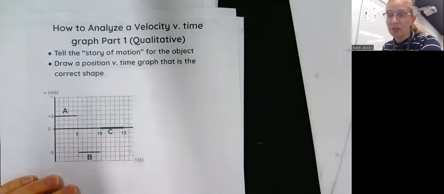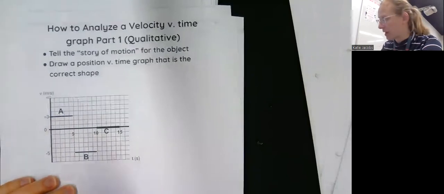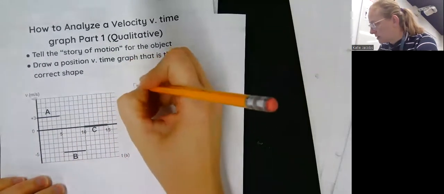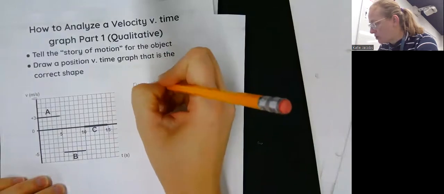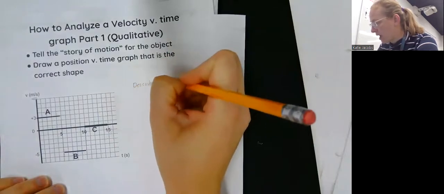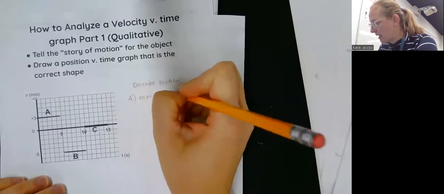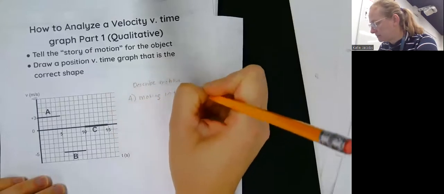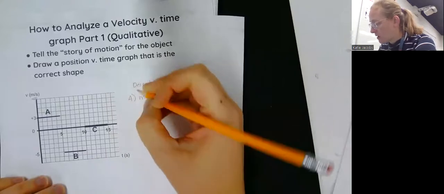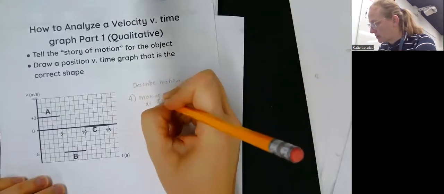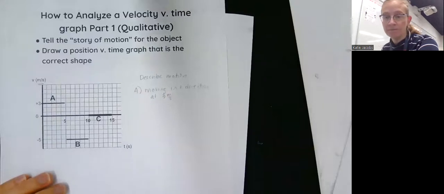It's moving at 3 meters per second in the positive direction. So if I'm going to describe the motion of the object, I would say for segment A, it's moving in the positive direction at 3 meters per second.